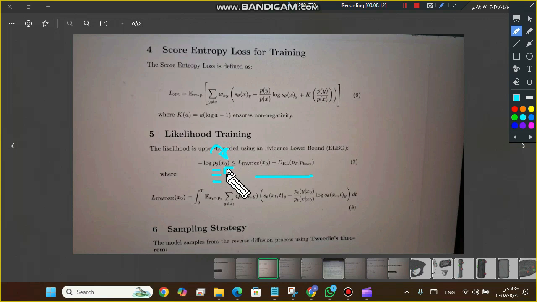By training, we are trying to maximize this probability. In other words, we are trying to minimize this whole term, so by minimizing it, we are maximizing the probability that our model will generate something similar to this training sample.